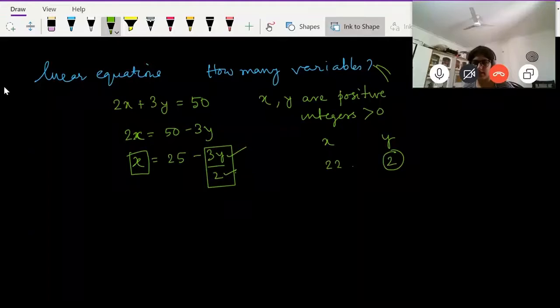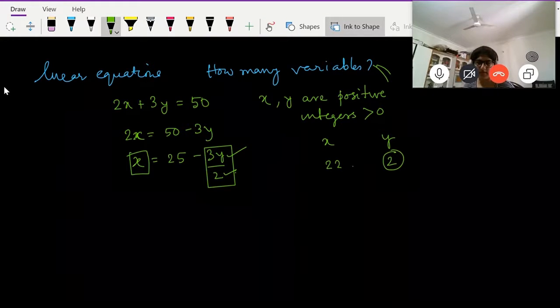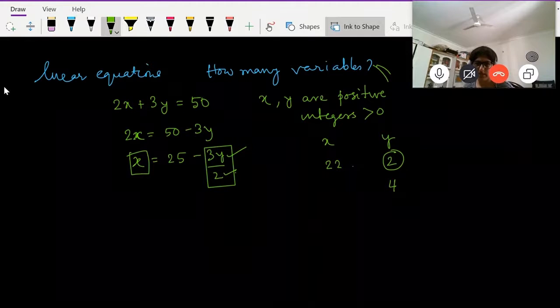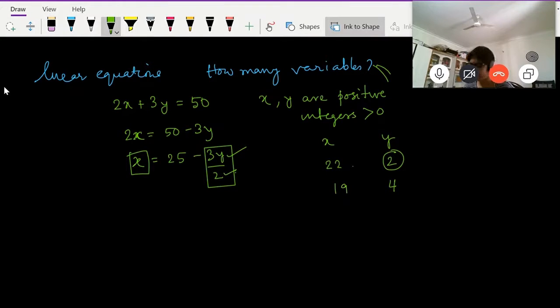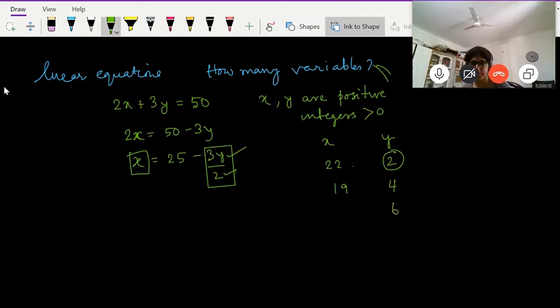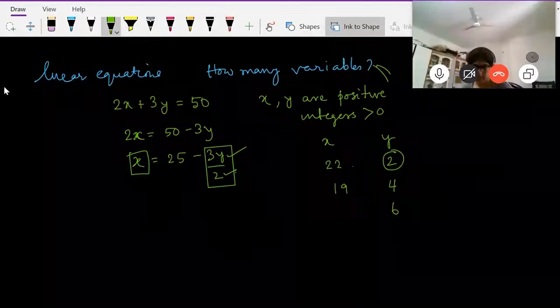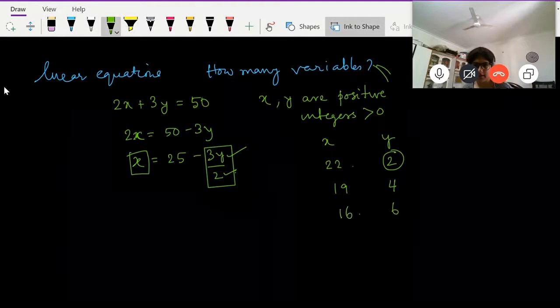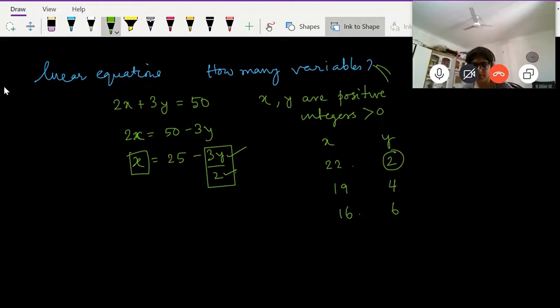What is the next value of y that will be a multiple of 2? 4. So when y is 4, this will be 25 minus 6, which is 19, right? When y is 6, this will be 25 minus 9, which is 16, right?